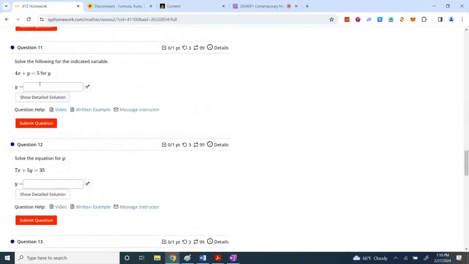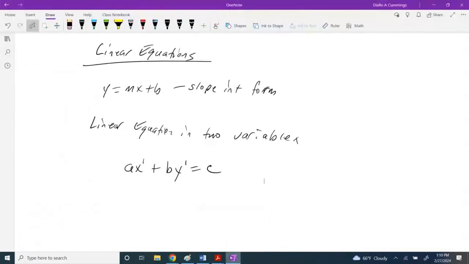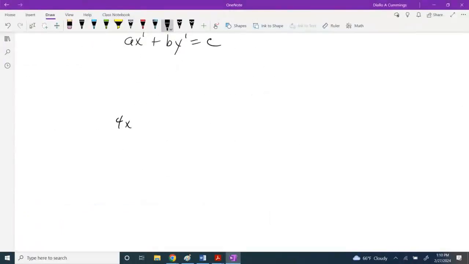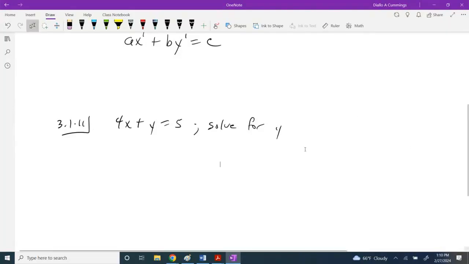Okay, so we take a look at problem number 11. We have 4x plus y is equal to 5, and we want to solve for y. So what does this actually mean? Well, we want to put y on one side of the equation by itself, and we want to put everything else on the opposite side. As I look at my equation, y is located on the left-hand side.